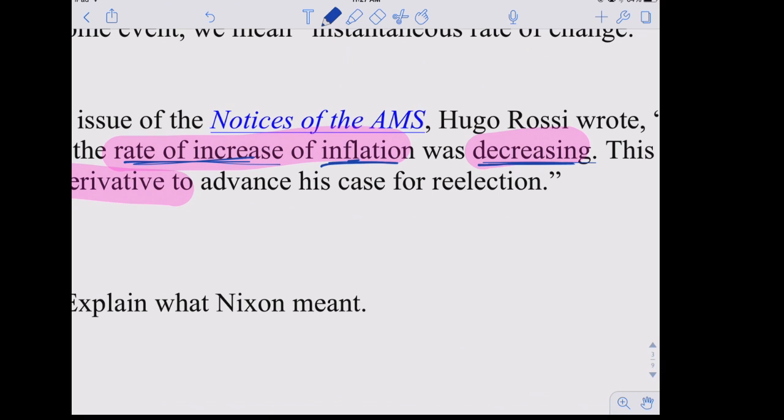It's the rate of change in the purchasing power of a dollar, right? So the way that inflation is increasing: inflation is increasing at a decreasing rate. Is that good for us? Prices are going up at a rate that is decreasing.